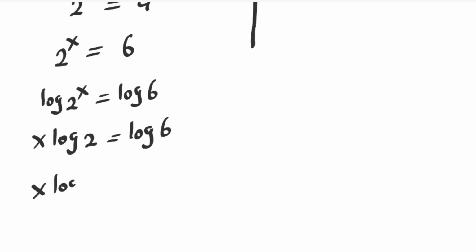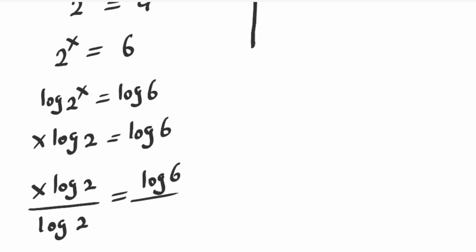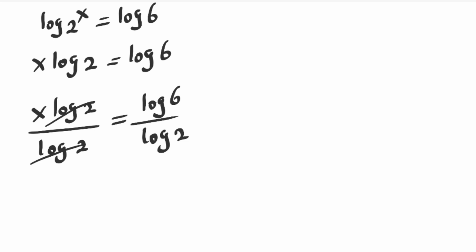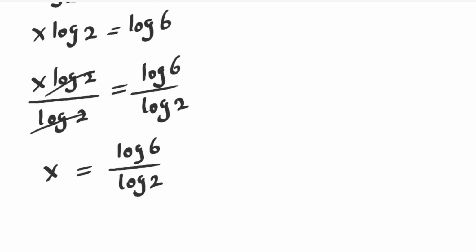x log 2 divided by log 2, because we are looking for the value of x, is equal to log 6 divided by log 2. This log 2 cancels log 2 here. x is equal to log 6 divided by log 2.